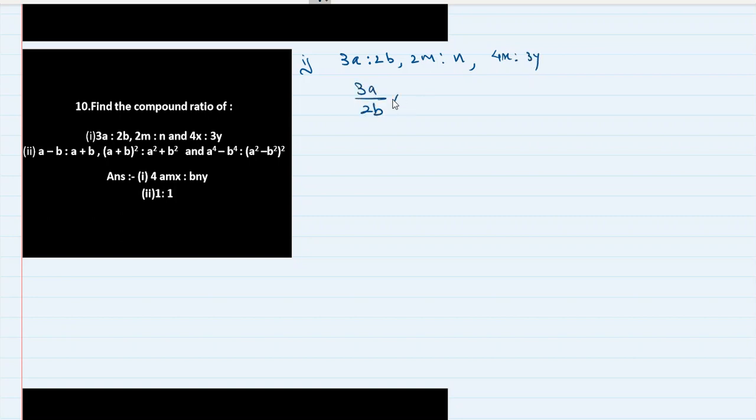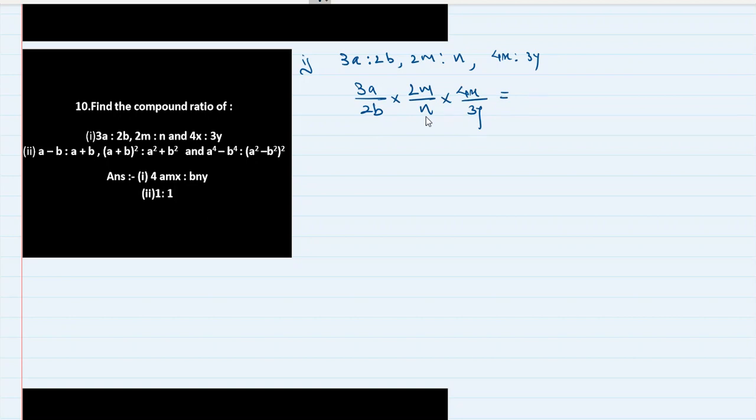Find the compound ratio of number 1, 3a is to 2b, 2m is to n, 4x is to 3y. So 3a by 2b multiplied by 2m by n multiplied by 4x by 3y.